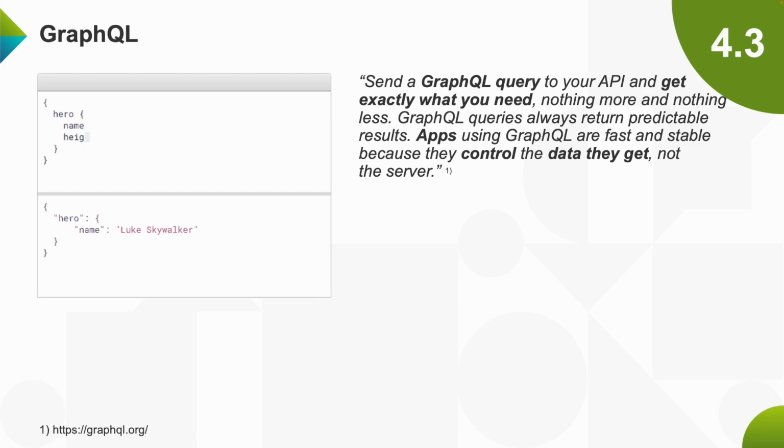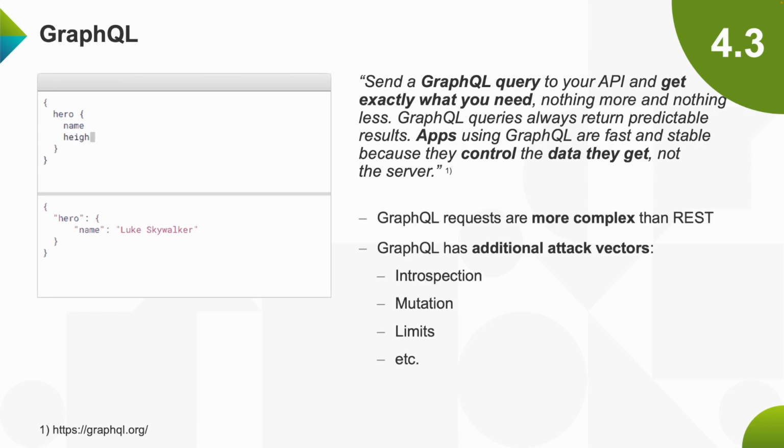Therefore, GraphQL requests are more complex than REST. This means that new attack vectors are introduced by GraphQL, such as special GraphQL requests like introspection and mutation. Requests could lead to high resource consumption.